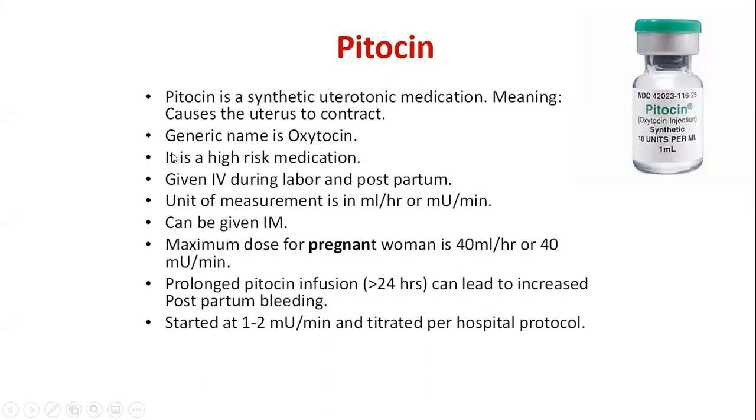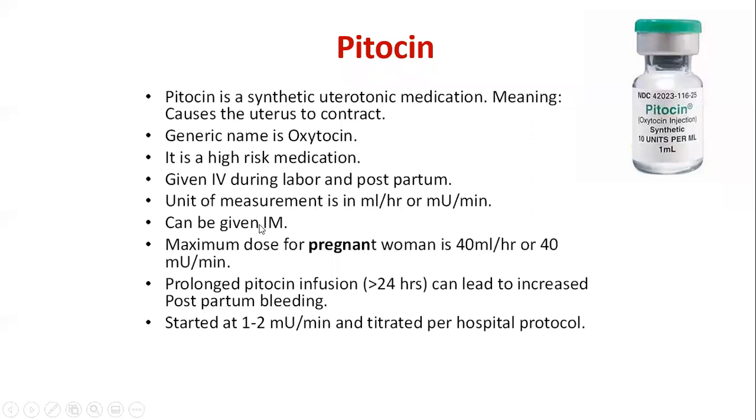A little bit more information about Pitocin. It is a high-risk medication. So if my patient is under Pitocin treatment, we need continuous monitoring. It is also given IV during labor or the postpartum phase. The unit of measurement is in ml per hour, or we use milliunits per minute.